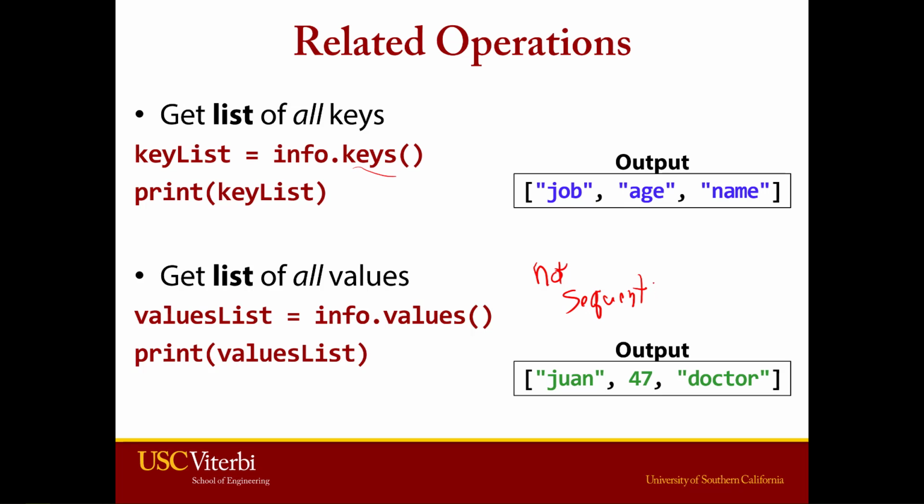So what this means is if you say info.keys and info.values, they may not match. So it may be job, age, name, but then your values list may be 47, Dr., Juan. So one of the agreements we make when we use the dictionary is we cannot count on the order. Every time you run the dictionary, you do an operation, the order could potentially change based on what the computer is doing with operations.